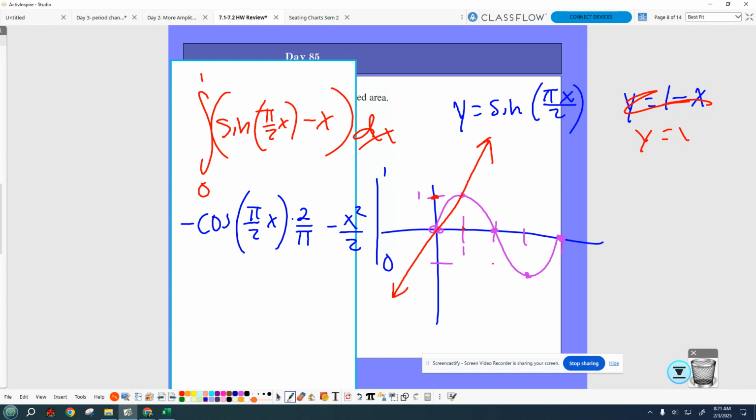Okay, so then plugging in 1, what is cosine of pi over 2? On the unit circle, cosine, sine, which one is the x value? Cosine is the x value. What's the x value at pi over 2? Oh, how convenient. So 0, I don't care about the rest of the stuff, minus 1/2.